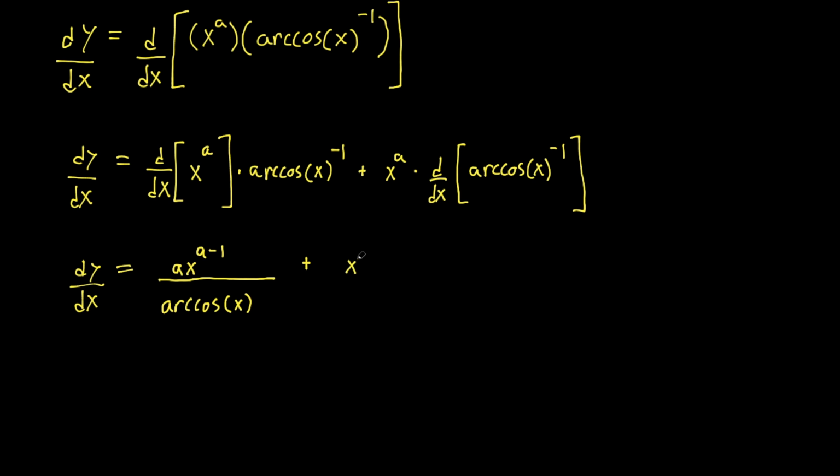Plus x to the a times the derivative of arc cosine of x to the negative 1 power. So we have arc cosine nested within the to the negative 1 power function. So we'll work towards using chain rule by saying u equals arc cosine of x.